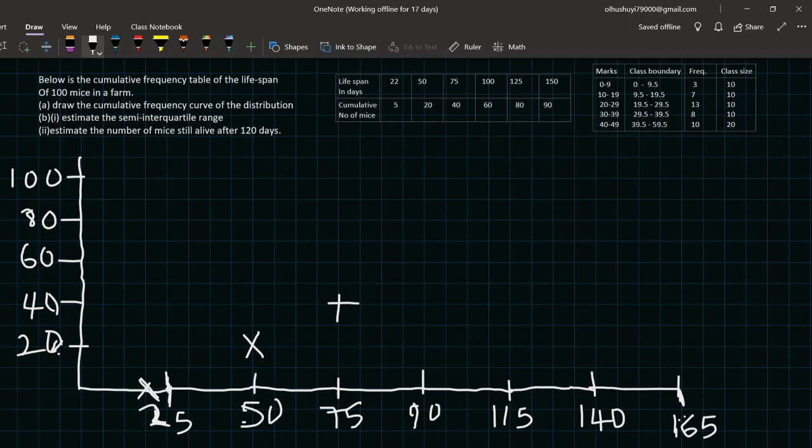Right to 40. I have 100 to 60. Let me pick this as 100, 100 to 60. So please, you must have an accurate way of calculating the points between each of the successive values you have here, either on the x-axis or on the y-axis.